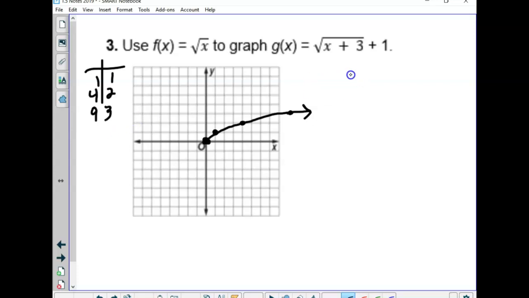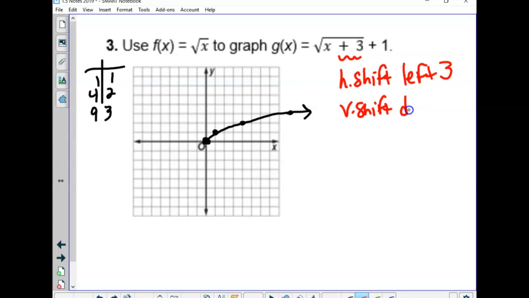You good? What 2 things does this one do? In here is horizontal shift, which way? Left 3. And then a vertical shift, up or down? Don't look at my writing. Up 1. So basically, guys, every single one of the dots shifts left 3 and up 1.